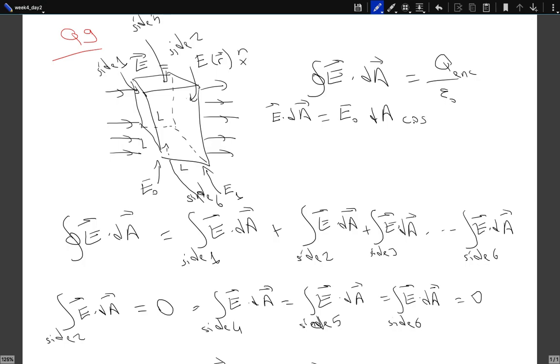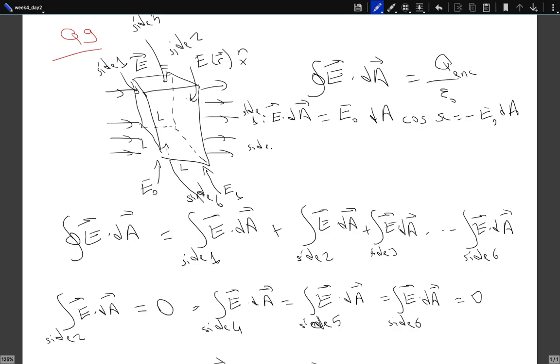You see, on side 1, this is the dA vector. This is the electric field vector. So what's the angle between the two? Pi. So this is minus E0 dA. This is on side 1.